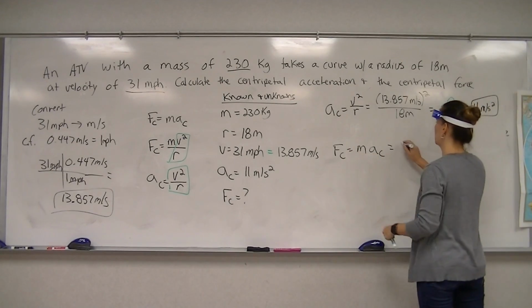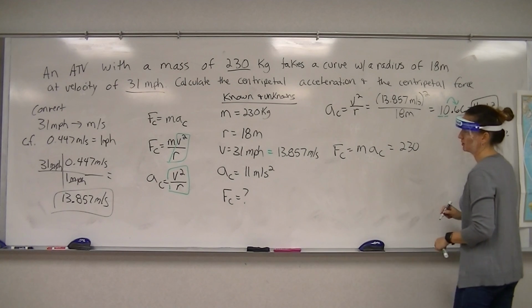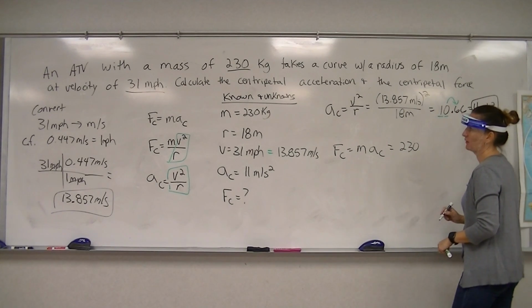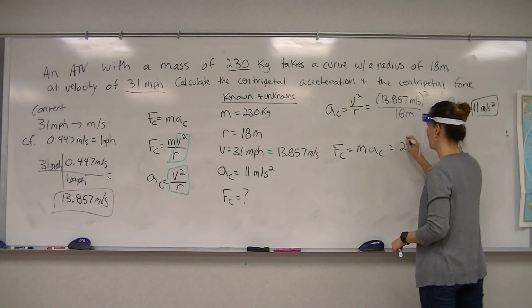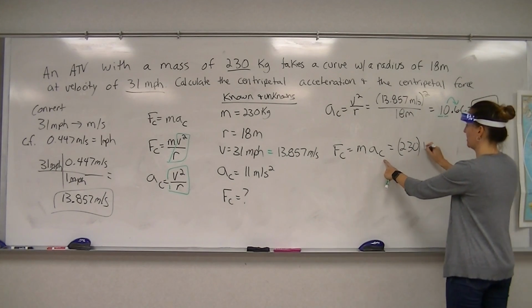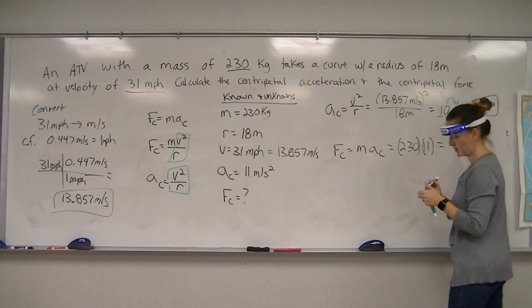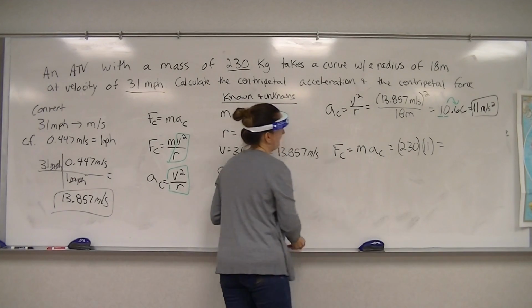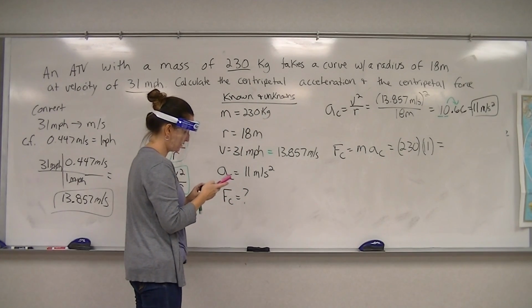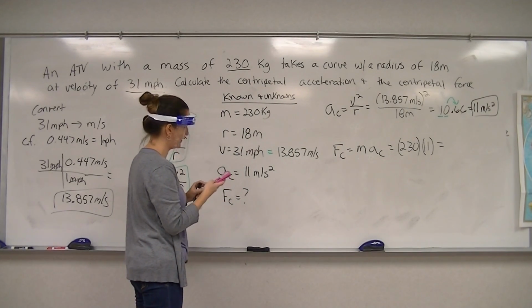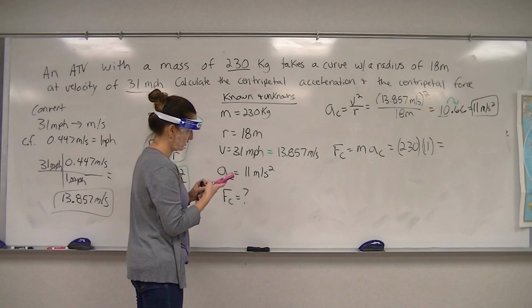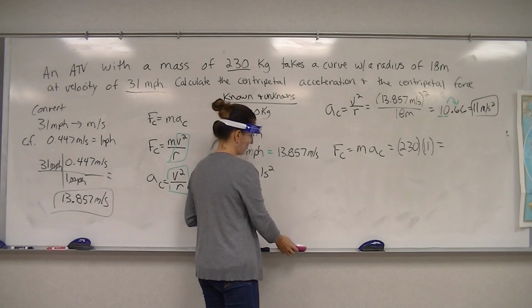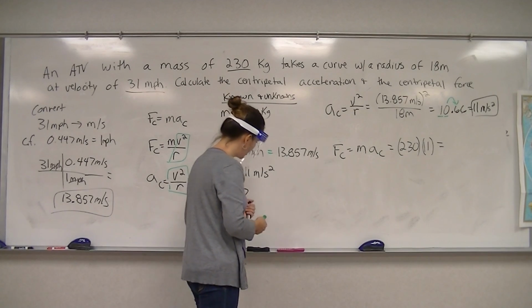Plug in my mass of 230 kilograms. What's the weight of that ATV? And then multiply that by centripetal acceleration, we just said was 11. And this is going to give me how much force is required to get that ATV around a curve. 2530. So 2 sig figs.